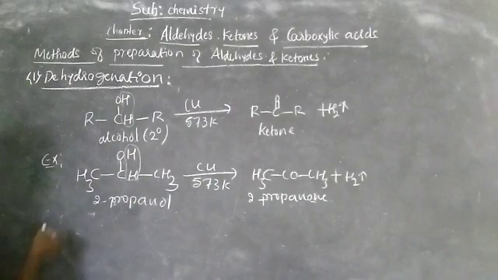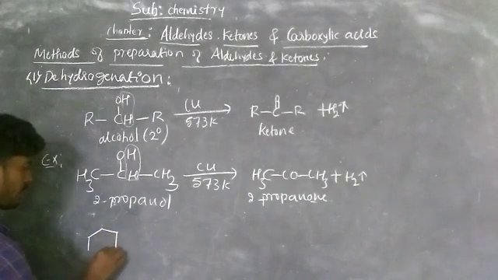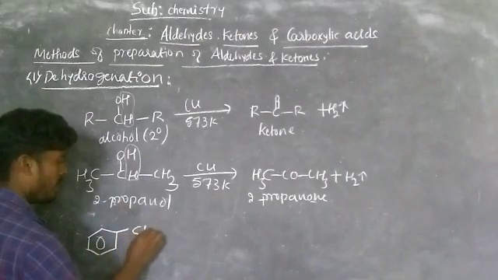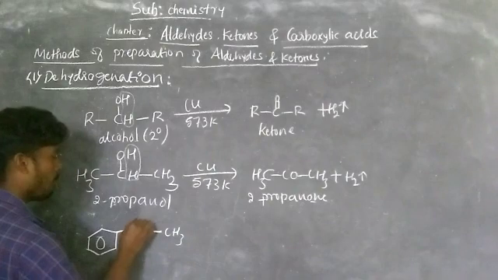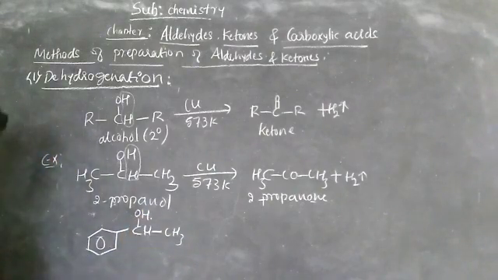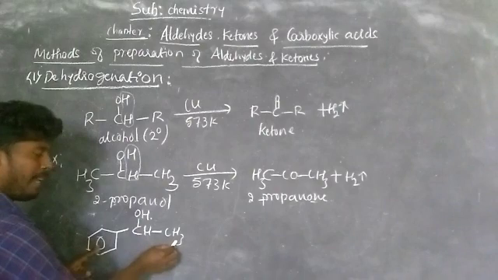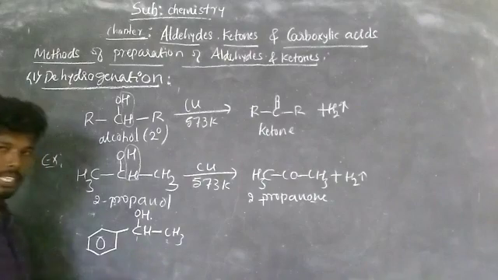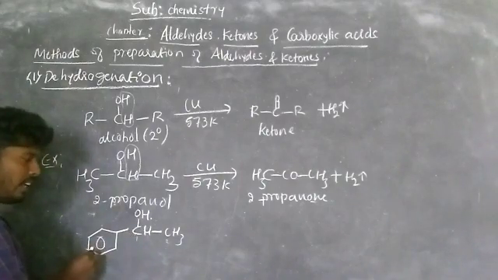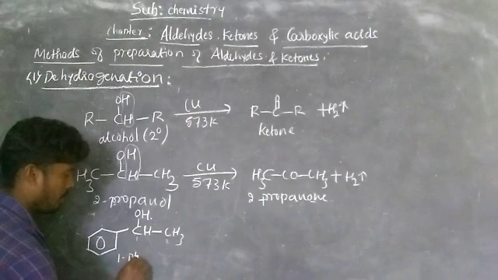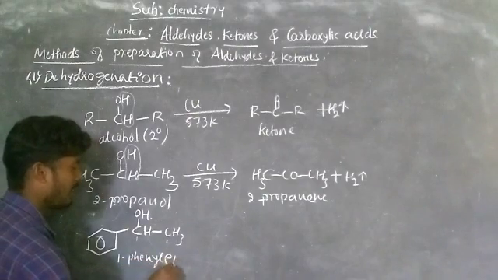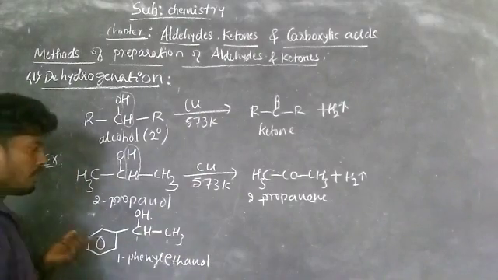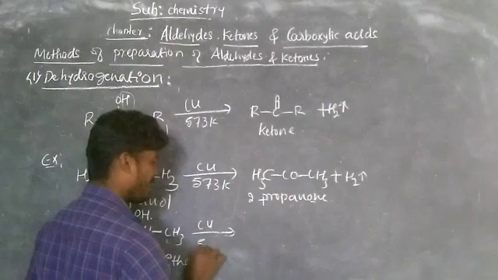Now similarly take one more example, benzene, an aromatic one, benzene C H CH3 OH. So what is the name? Phenyl methyl, or give numbers 1, 2. This is the longest carbon chain. There is 1-phenylethanol. 1-phenylethanol is the IUPAC name, which is processed through the copper tube at 573 Kelvin.